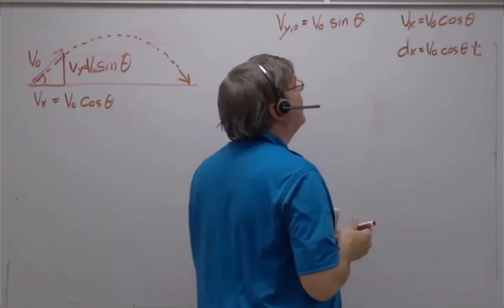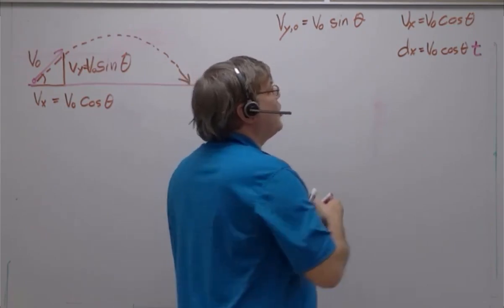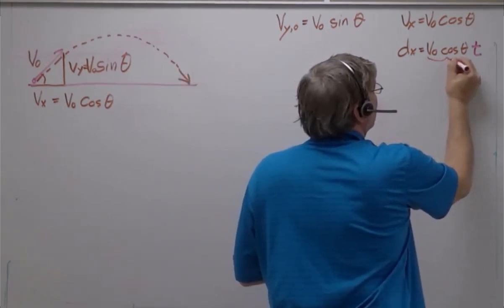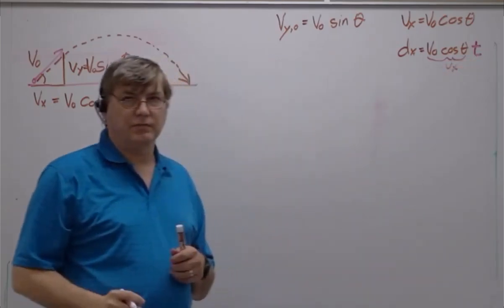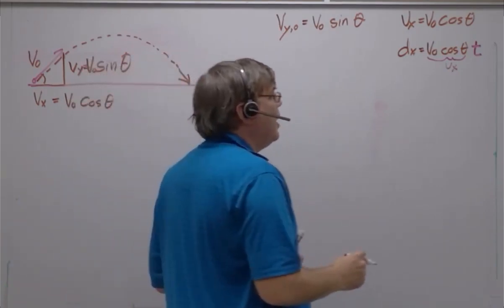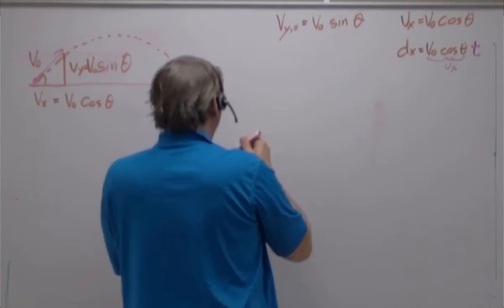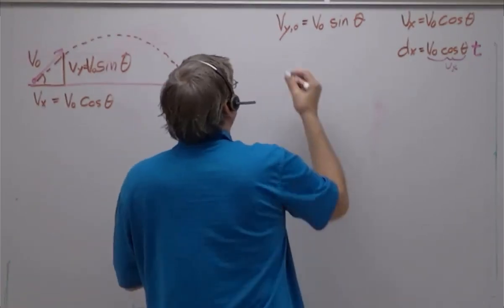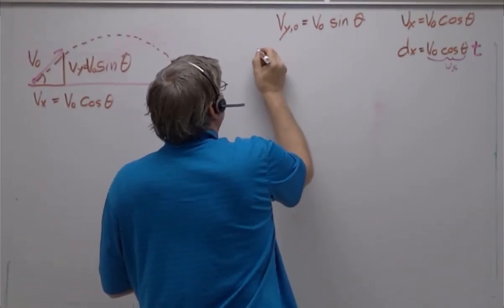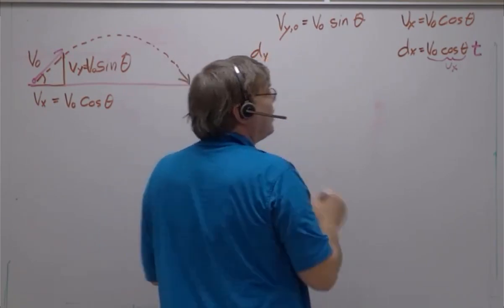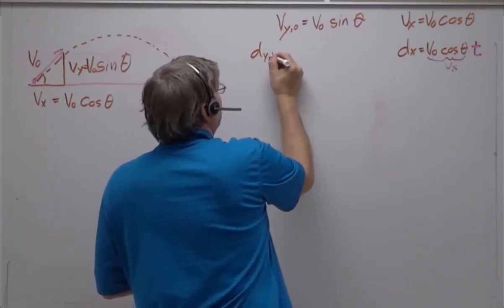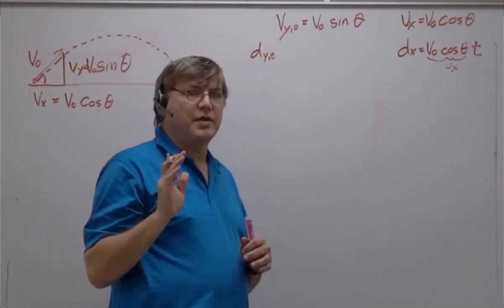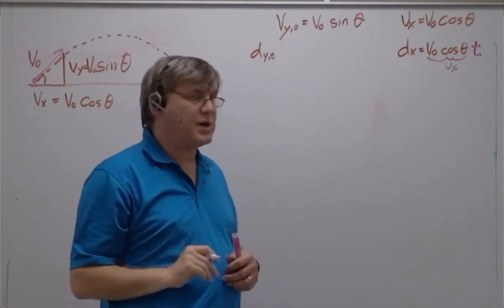All right. So this first part right here is just Vx. So that's fairly straightforward. For the other one, for the y distance, dy, and I'm going to call this dy at some time t, because really the distance that it goes up and down varies depending on time.